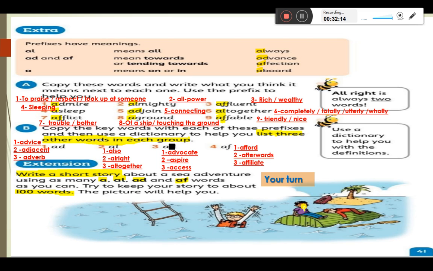Okay, so this is your turn, this is your homework, this is your assignment, this is your own work. I want you to write your own short story about the picture. The story is going to be about a sea adventure, and I want you to write about 100 words. Okay, and I want you to use as many words as you can with the prefix a and al and ad.